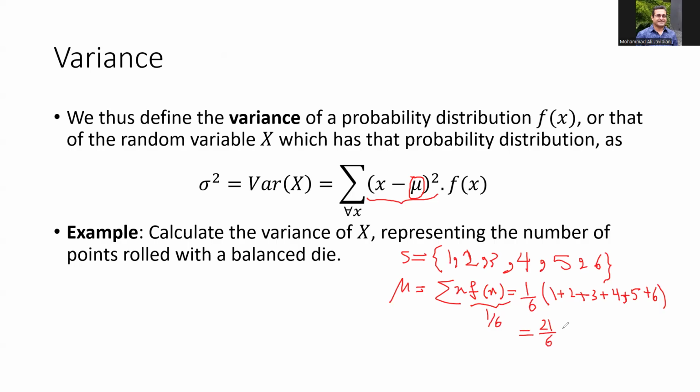You can divide it by 3. 7 divided by 2, which is 3.5. So the mean of this random variable is 3.5.